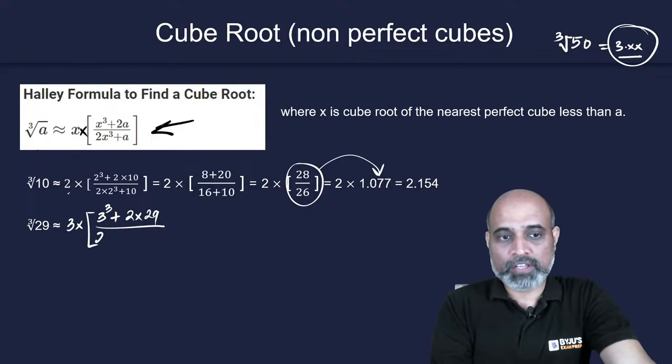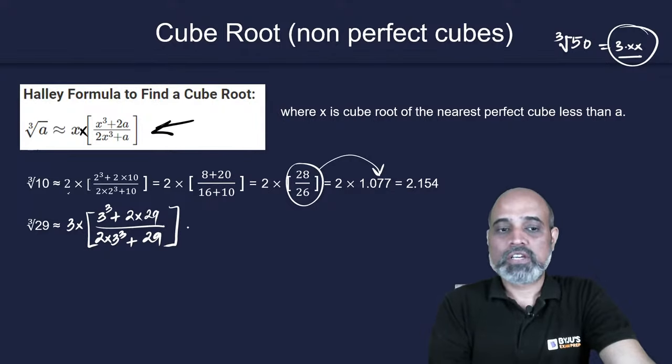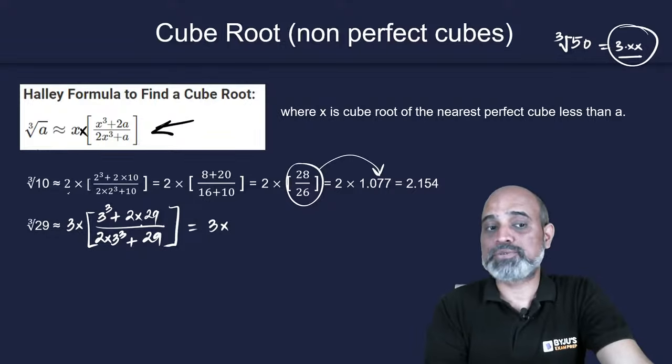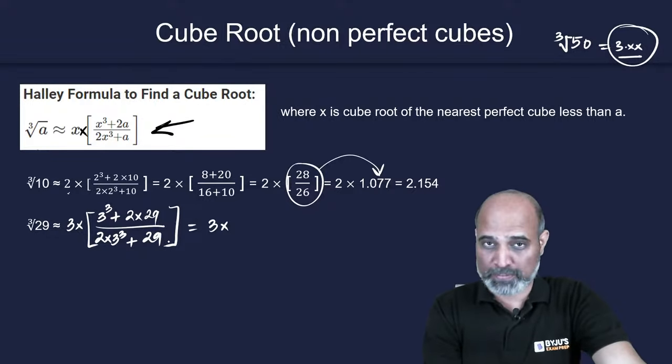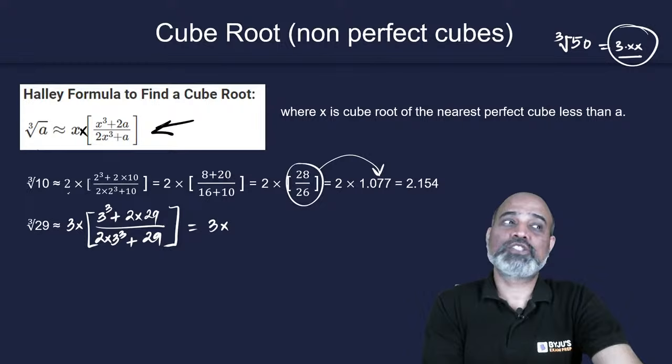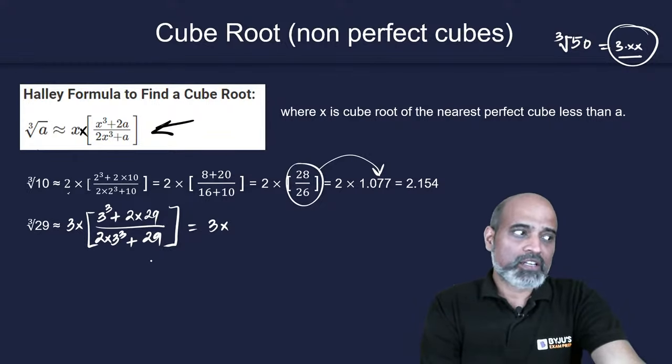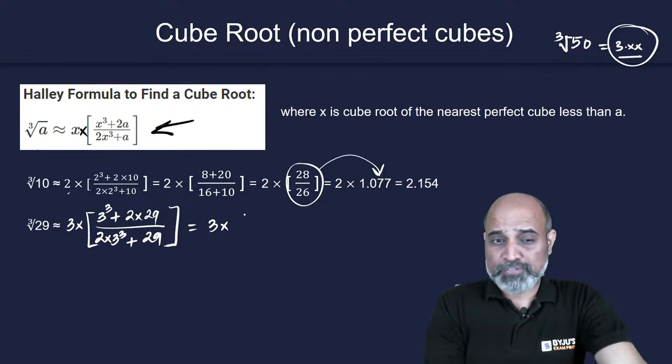So 2 will stay. And then we will have x. x अभी 3 निकला हमारा और a तो 29 था ही. Not going to be easy. So this is 3 into 3 cube is 27. 27 plus 2 into 29, which is 58. 58 plus 27 is going to be 85.